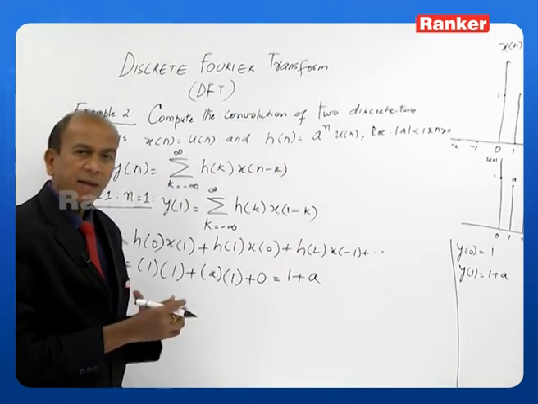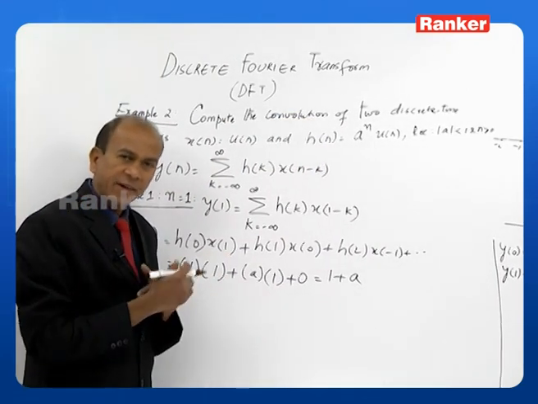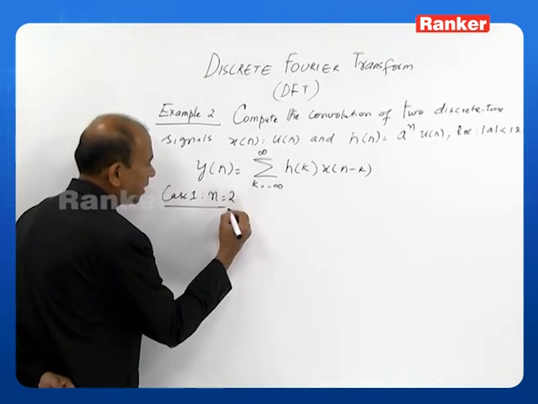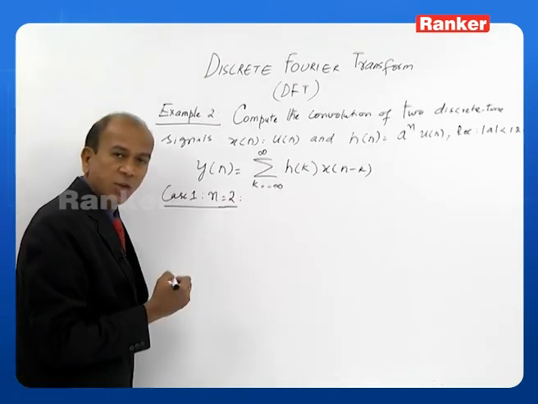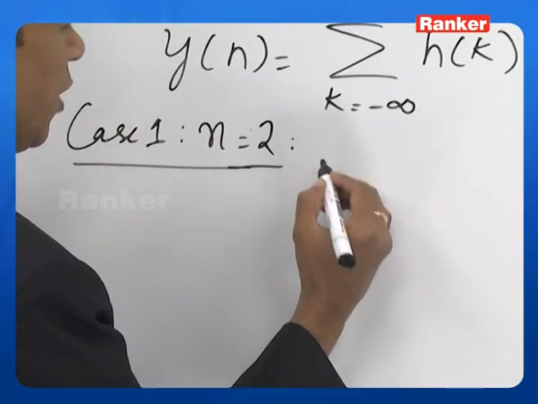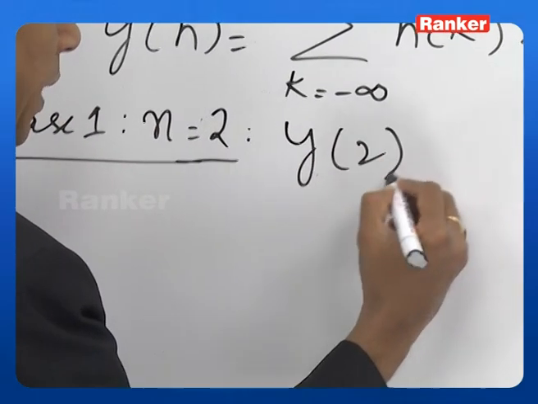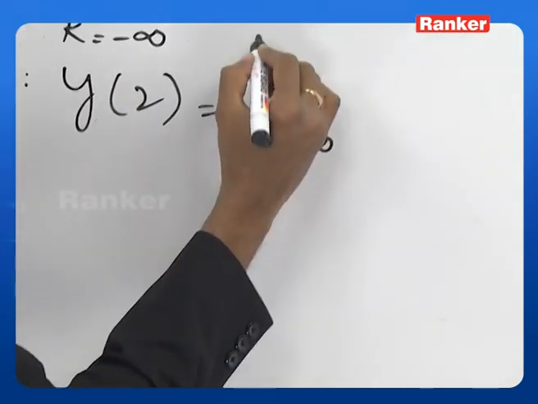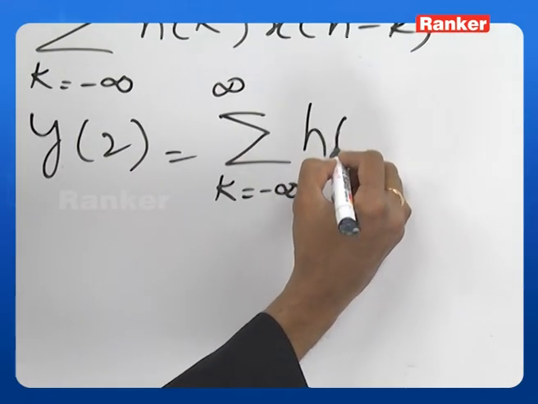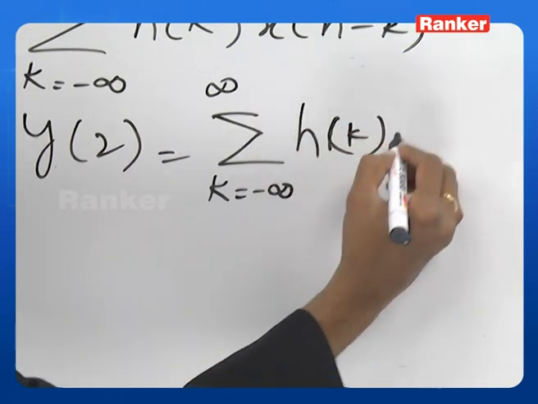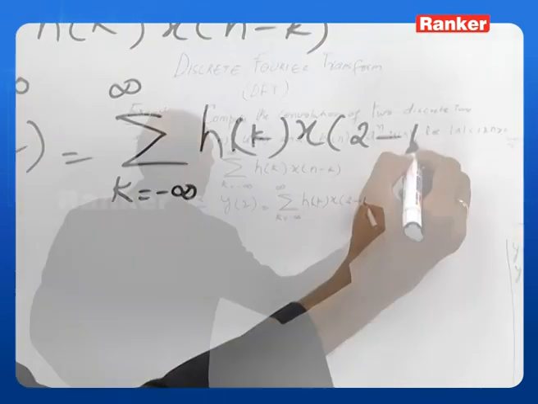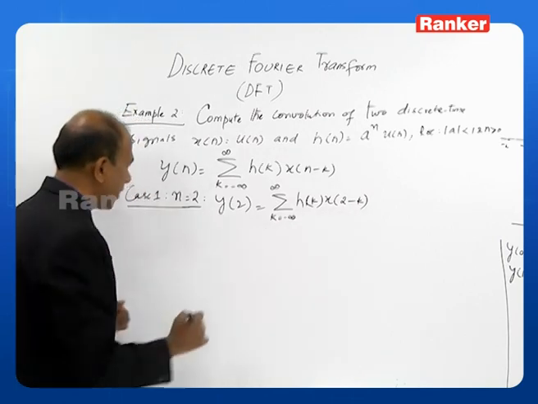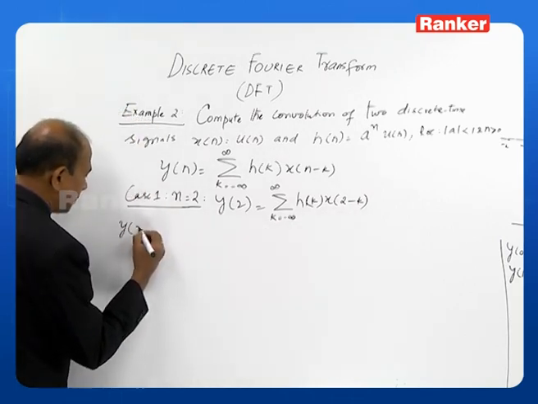Now, let us look at the third case where n is equal to 2. Let us put down here n is equal to 2. So, what will be my y of 2 now? y of 2 will be equal to summation k from minus infinity to plus infinity h of k and x of 2 minus k, because n is equal to 2 here. Now, let us expand this series.